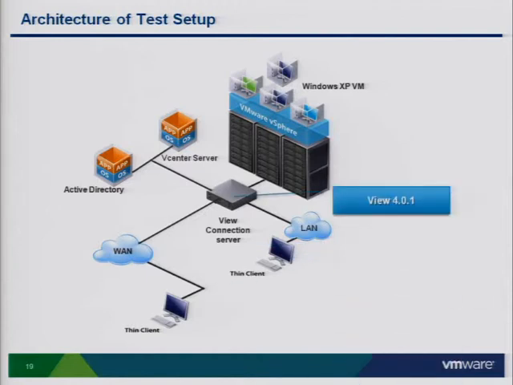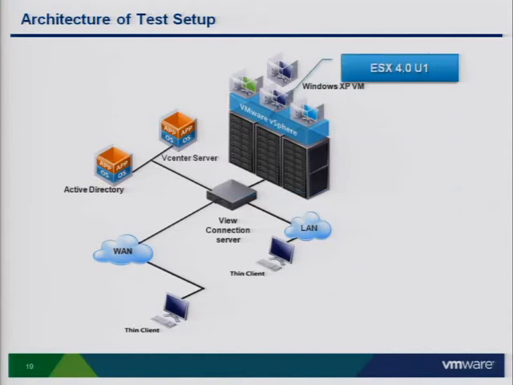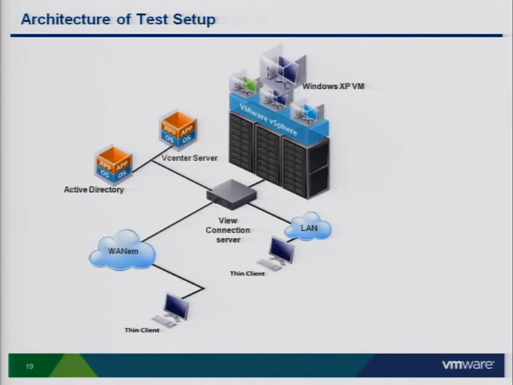We used View 4.0.1. This was the latest version in the February-March timeframe when we did this project, and so is true of the ESX platform. This is the Windows XP VM that we virtualized, running the application under consideration on the vSphere platform. And this new cloud is where WAN-EM was introduced.